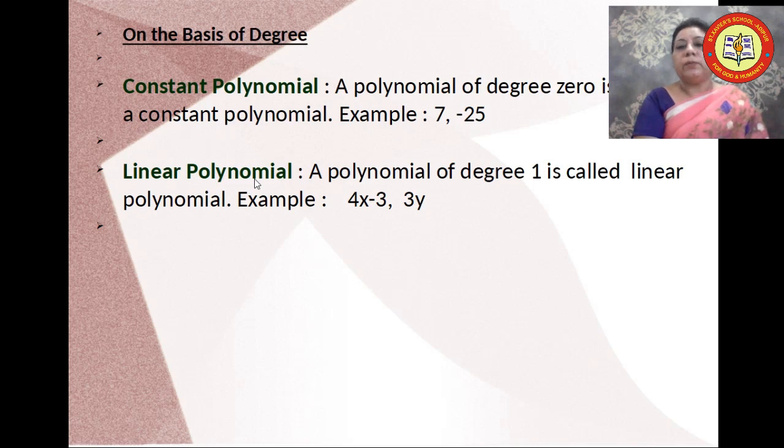Linear polynomial is a polynomial in which the highest degree of the variable is 1. For example, 4x minus 3. So here you can see the variable is x and the exponent of the variable is 1. So it is a linear polynomial. Another example is 3y. Again here, the exponent of the y variable is 1. So it is also a linear polynomial.